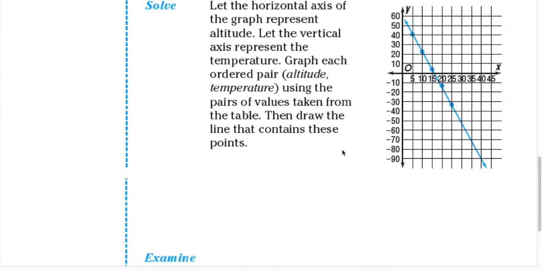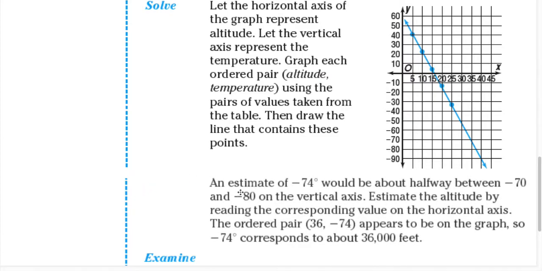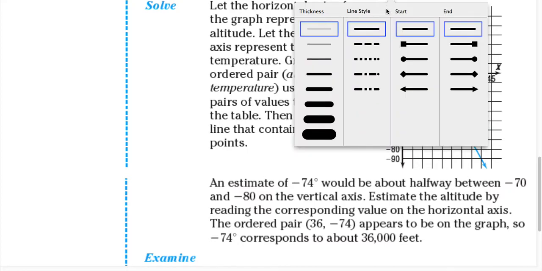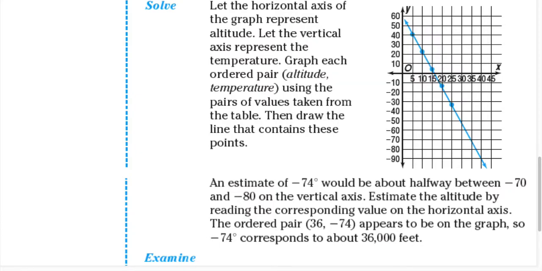Then let's make that into a straight line, a thin red line.